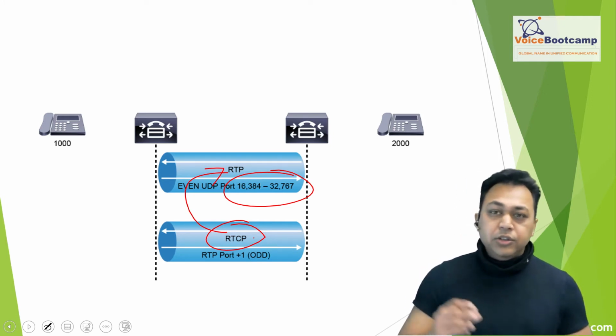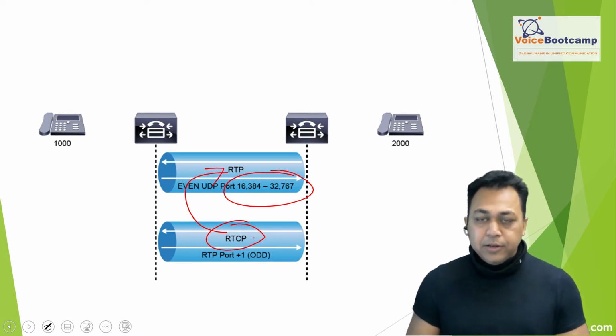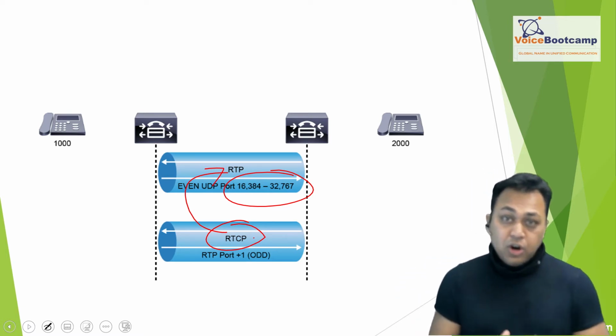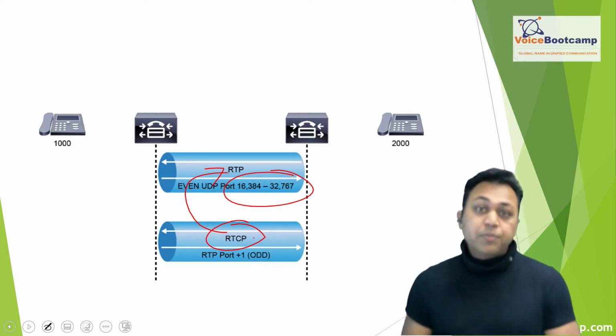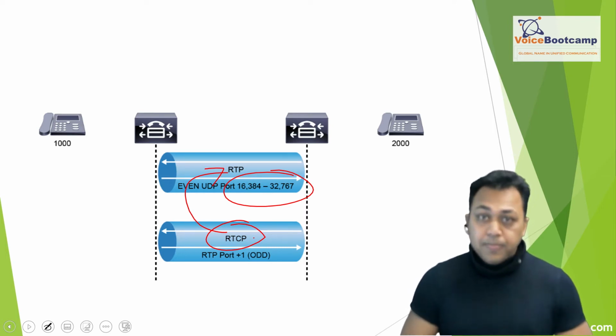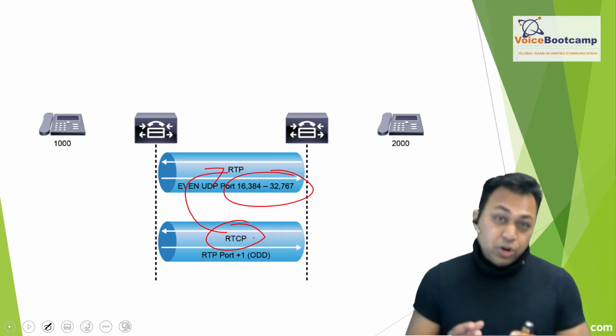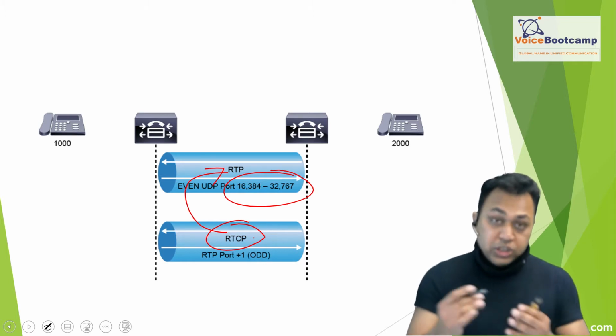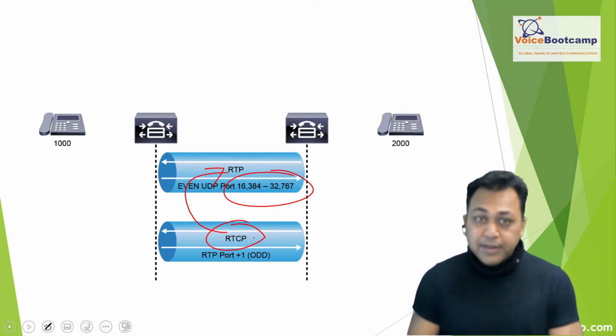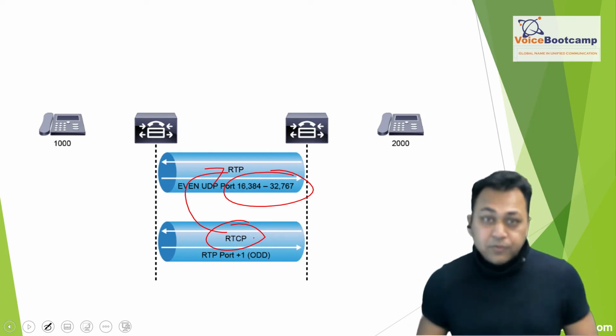There's jitter, there's packet loss, something is happening. So the quality of the call or RTP flow will be reported back to the caller or calling party. In order to do that, it is going to need to know which RTP flow to monitor, right? Because there could be 100 RTP flows.